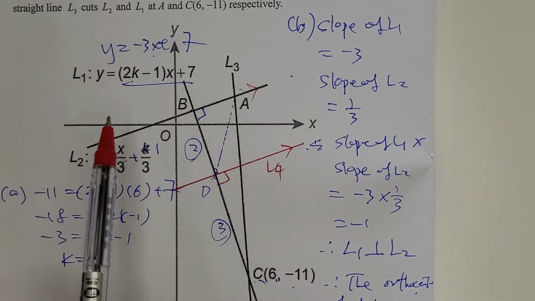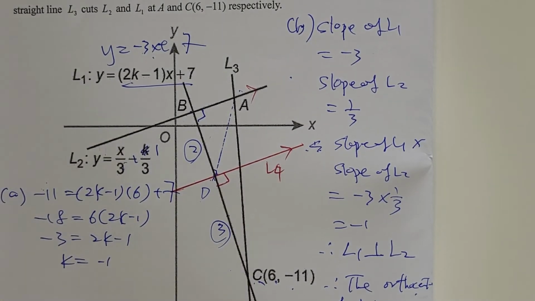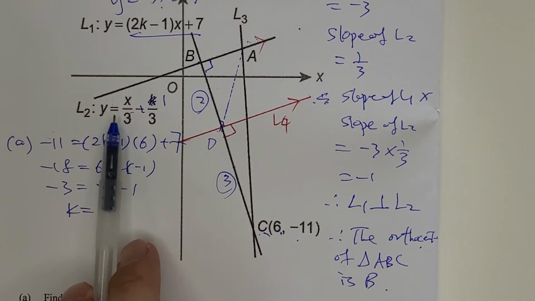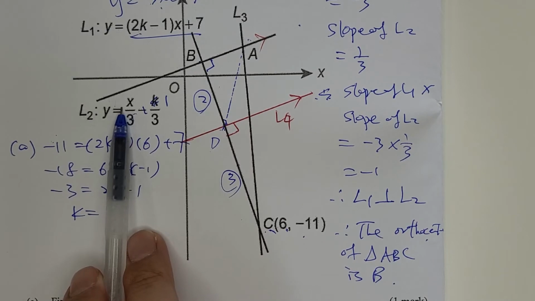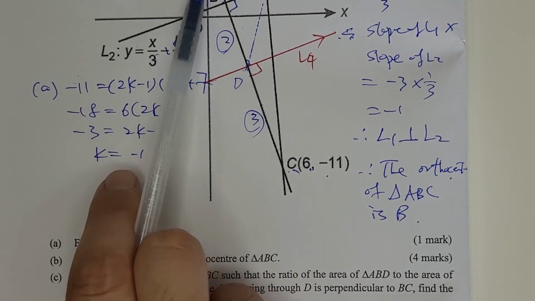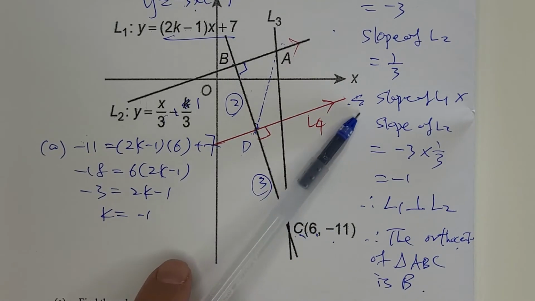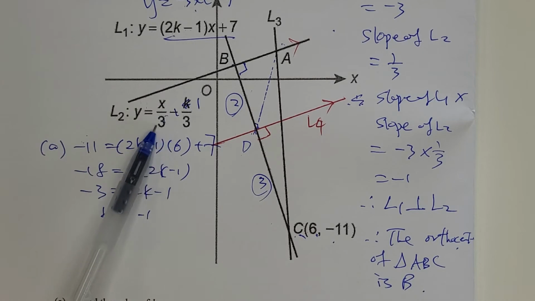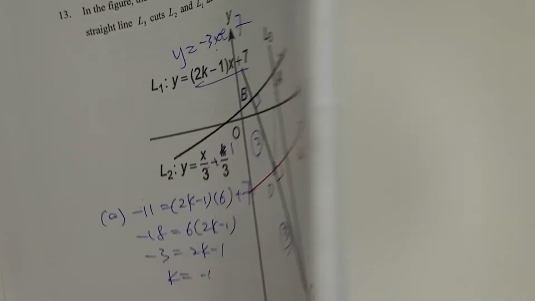So the slope of L4 is, sorry, 1/3. I repeat, L4 is parallel to L2, which has the slope 1/3. And we find point D first.